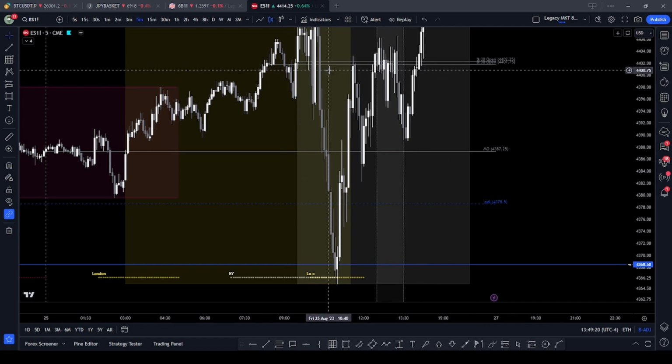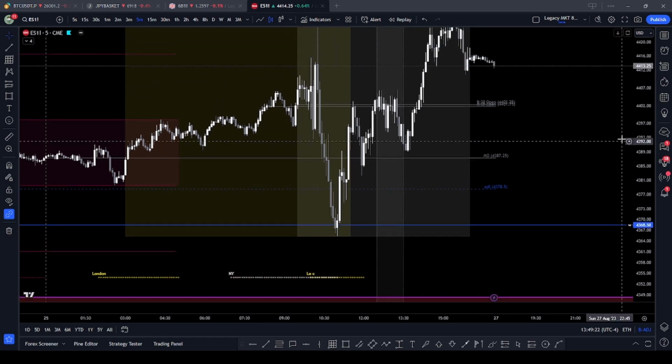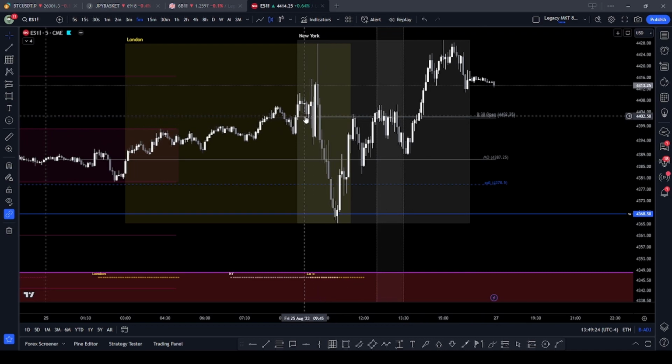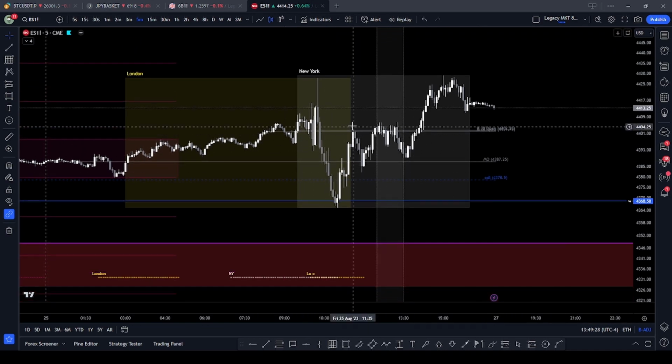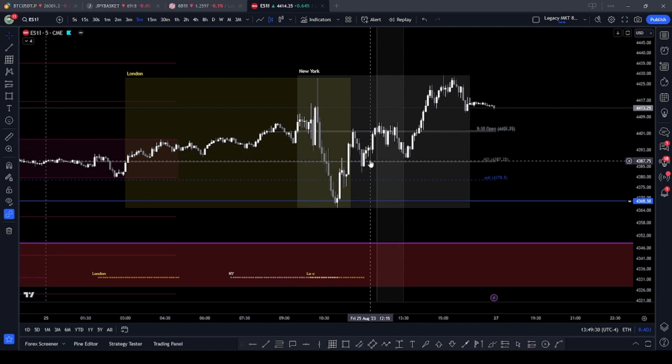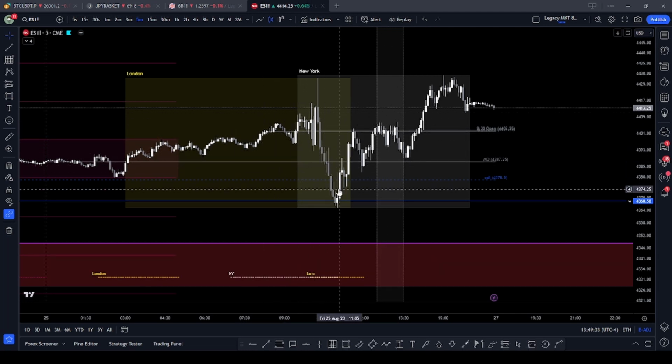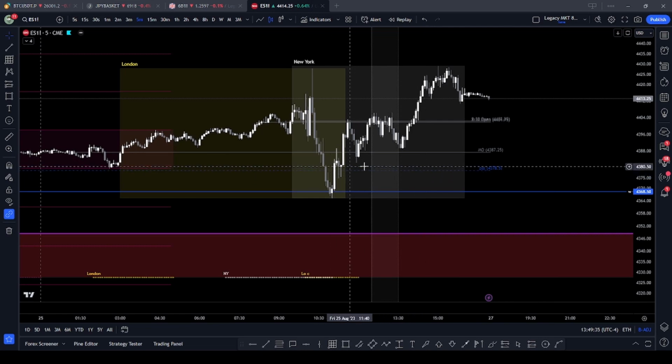So anyway, I'm not going to touch on that. It's just about where to buy from. If you buy from 8:30 and 9:30, it's a little bit complicated the way ICT taught it, but the way I have understood it and the way I have live tested it is a little bit different, but that will be a video for another day.